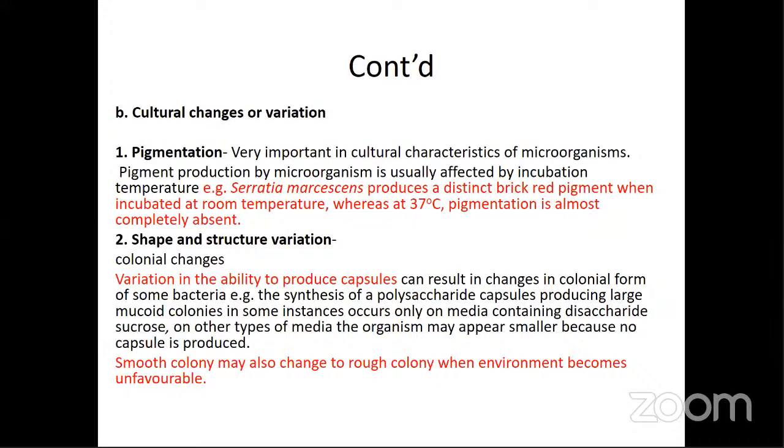Smooth colony may also change to rough colony, like I explained, when the environment is unfavorable. Maybe the nutrients have reduced, and then the organism is no longer able to cope. It begins to wrinkle, just like in human being.